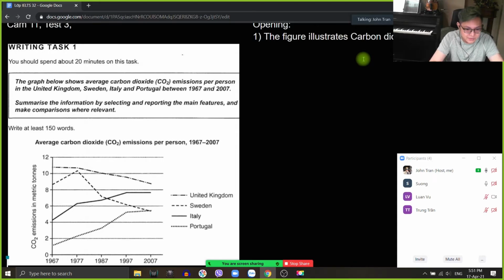Illustrate carbon dioxide emissions in metric tons, and then you can use the years here. From the period of 1967 to 2007.